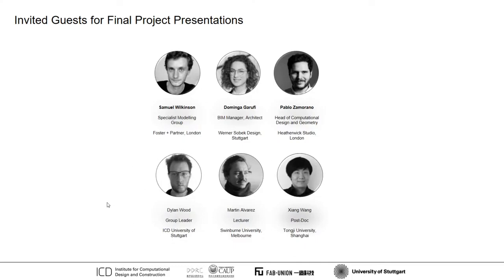Dylan from ICT was highly involved in the Urbach Tower that Simon also was presenting today. Martin was involved in the Boogerwood shell. Both of them have now quite an elaborate computational design portfolio, and Xiang Wang being one of the leading researchers in Tongji.